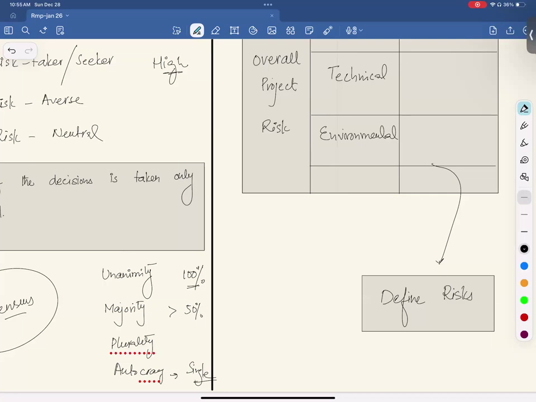Let me give an example. In HAZOP, which is a sort of process study, we are also defining the same kind of keywords or key areas, and then we further analyze hazards, their risk or consequences. So I think it's the same, right?